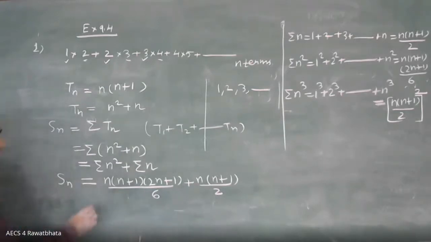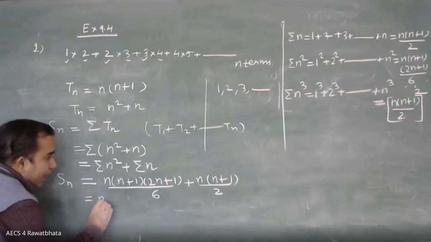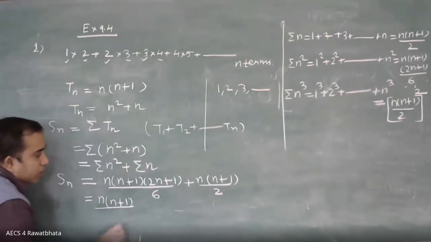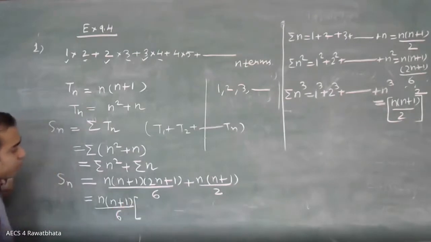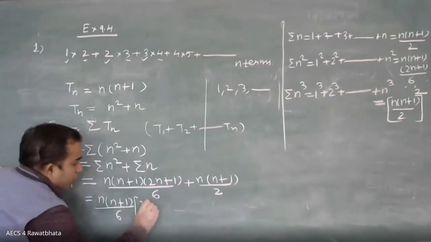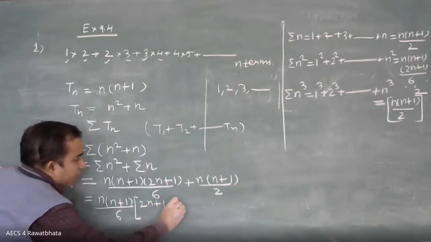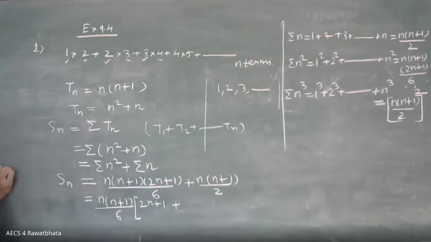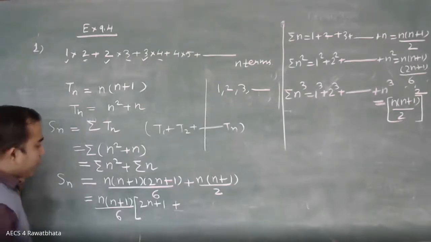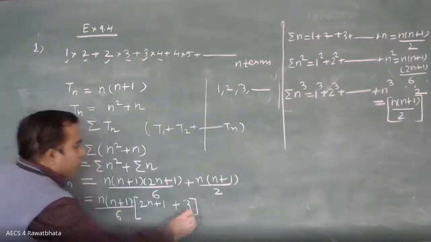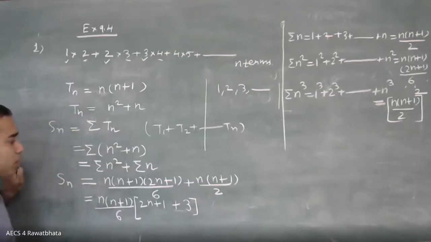What is common available here? The common is n plus 1 whole upon 6. Since there is 2 in the denominator, I take 6 so that the denominator is gone. And n plus 1 whole upon 6 I have taken common, 2n plus 1 will remain. Then, 6 I have taken common, so inside the bracket 3 will be there.